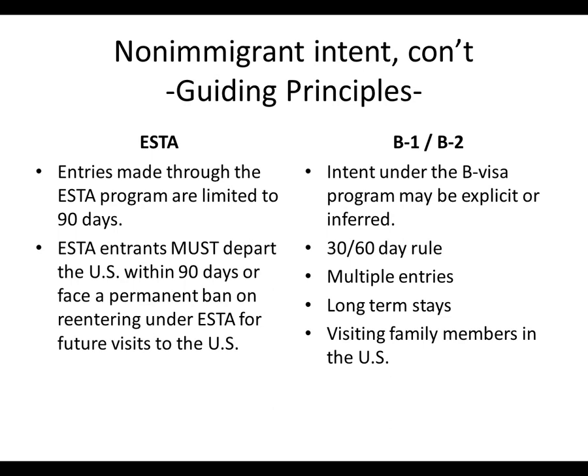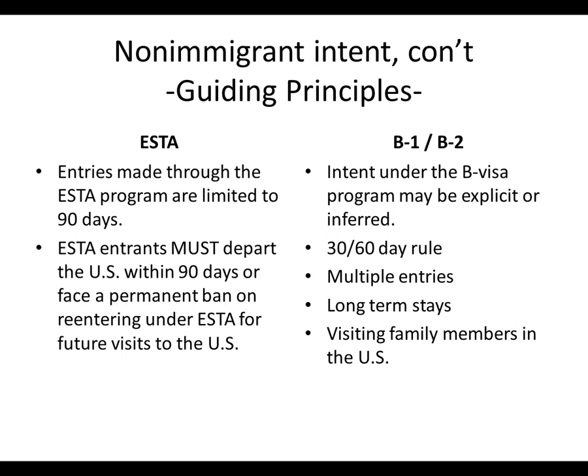So you can take a look at these bullet points and think of them as the operational aspects of your travel, but do remember that you are not allowed to have immigrant intent, both under ESTA travel and under B1, B2 travel. So in terms of the operational aspects of the ESTA program, all ESTA travel is limited to 90 days. You will be required to leave the United States within the 90-day period.